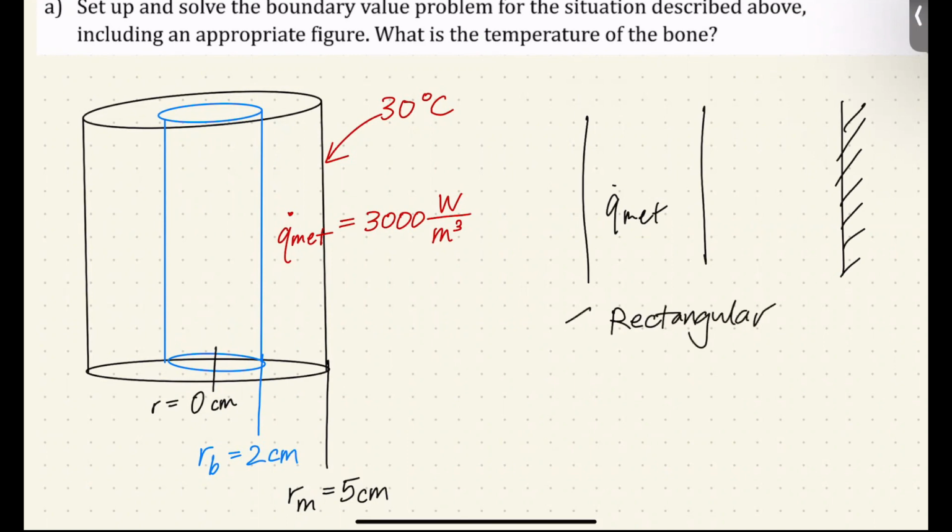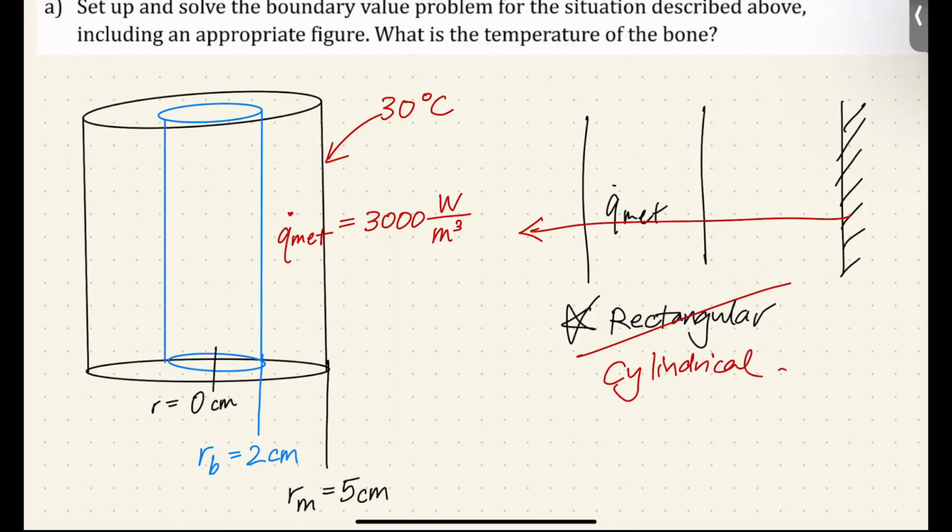So this question is essentially the same question, but you can think of it as going the other way. This way, we're looking at it this way. And also we're looking at it in cylindrical.